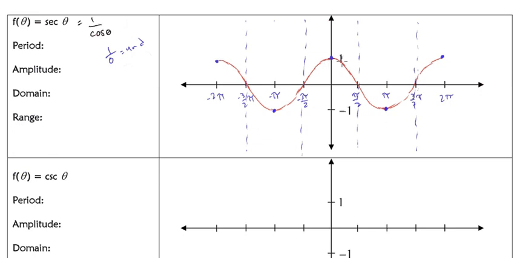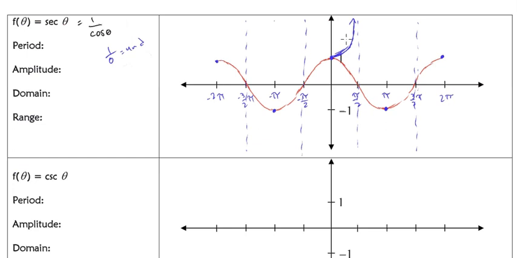So let's think about this a little bit. If we're heading closer and closer to 0, but we're still on the positive side, these are going to be more and more positive. So our graph's going to curve up, head towards positive infinity.